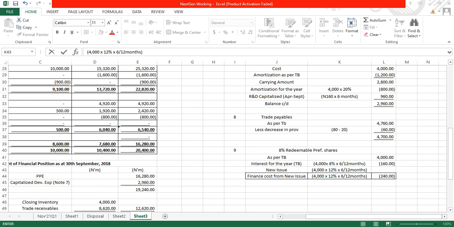So 4,000 that was issued during the year was at 12%, right? So which means we have a new issue. How much was newly issued now? 4,000 times 12% is what?